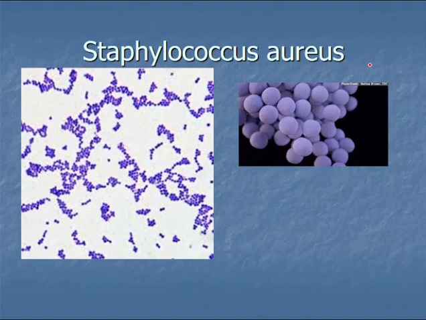And then this on the right is the electron microscope version, where you can see it in much more detail, and you can actually see how they are spherical. These have also been stained with gram stain, so these are gram positive. Staphylococcus is a gram-positive coccus. And you can see those purple spheres in a grape-like cluster.